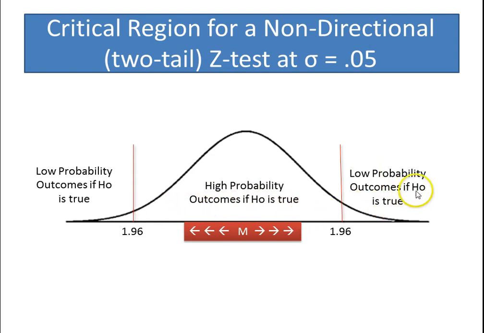And if the touch does not have an effect on weight, there is a very low probability that our statistical analysis outcome is going to land in the critical regions.